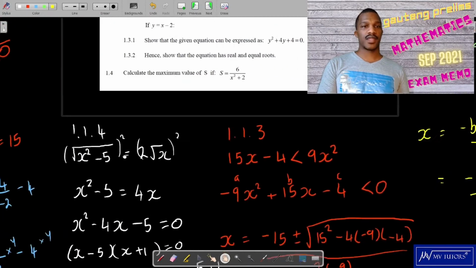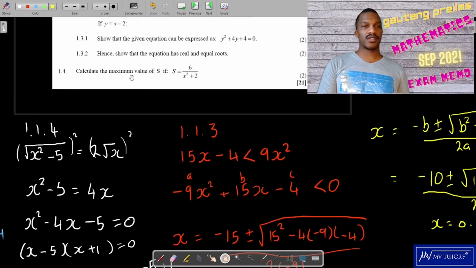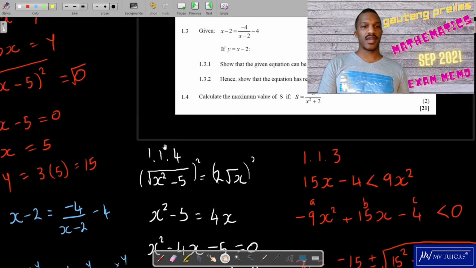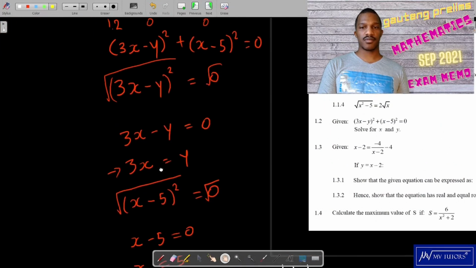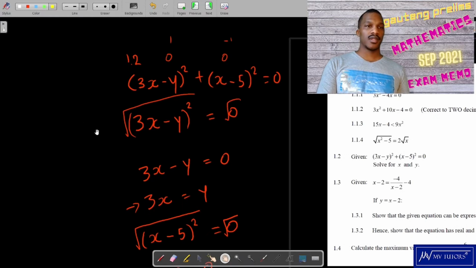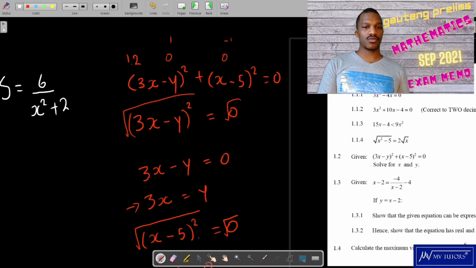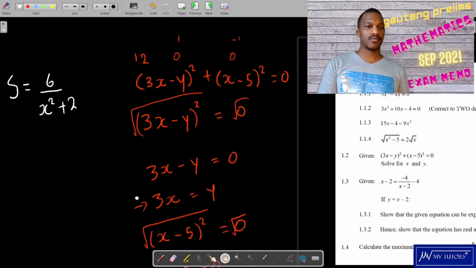Okay. And then the last question: calculate the maximum value of s if s is equal to that. Am I going to do this one right here? So s is equal to 6 divided by x squared plus 2. This is 1.4.